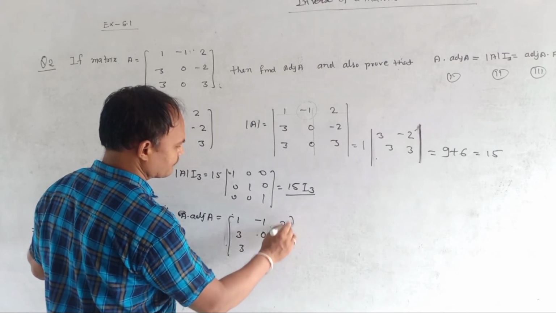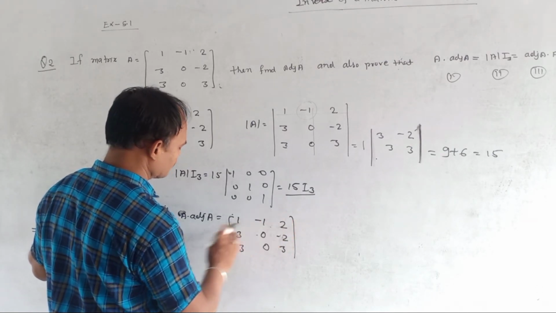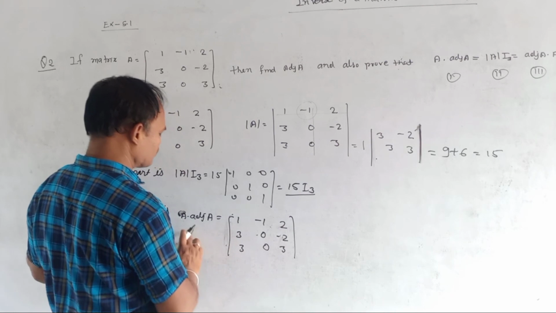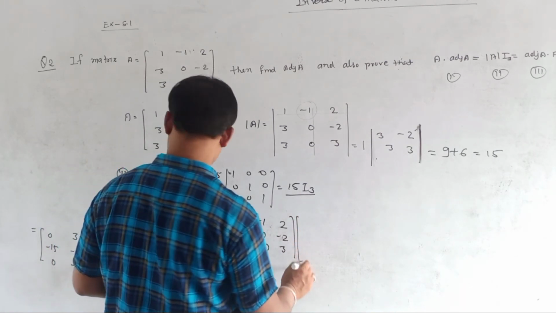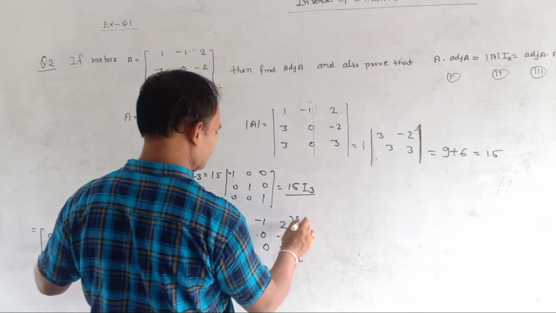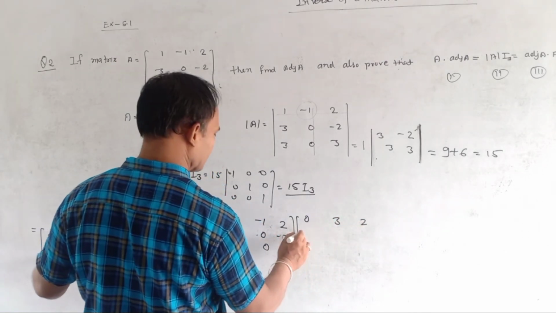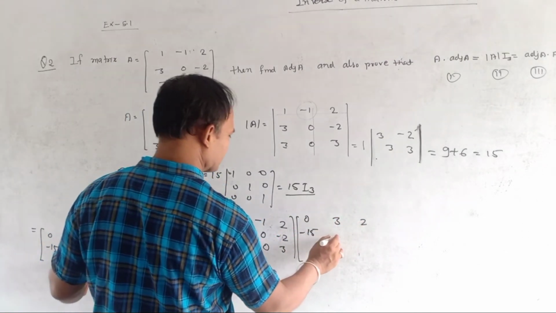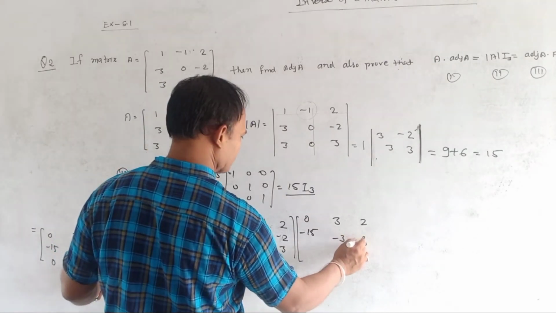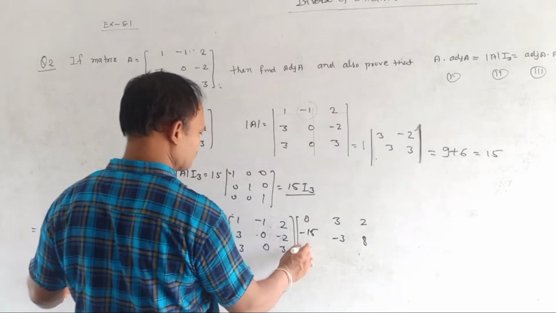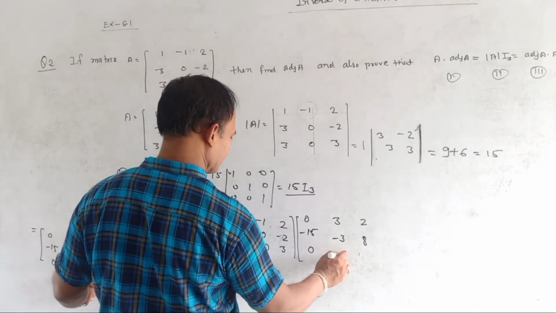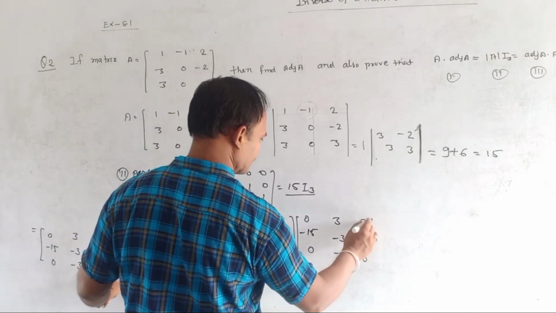Now we are going to solve. We are going to multiply this by this, so it is 0, 3, 2, minus 15, minus 3, 8 and 0, minus 3 and 3.